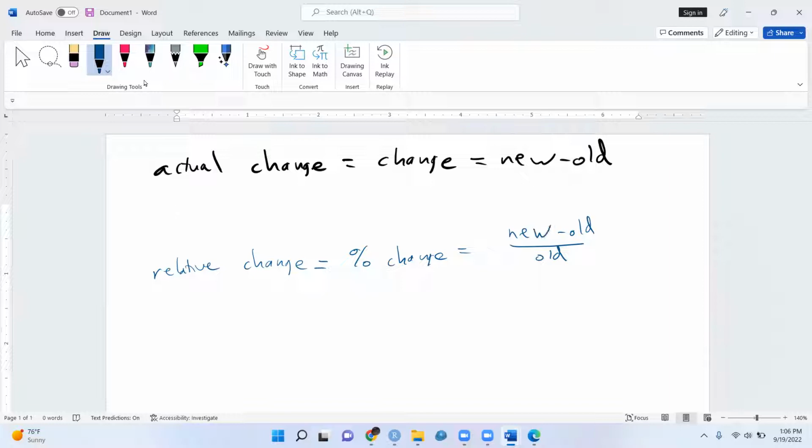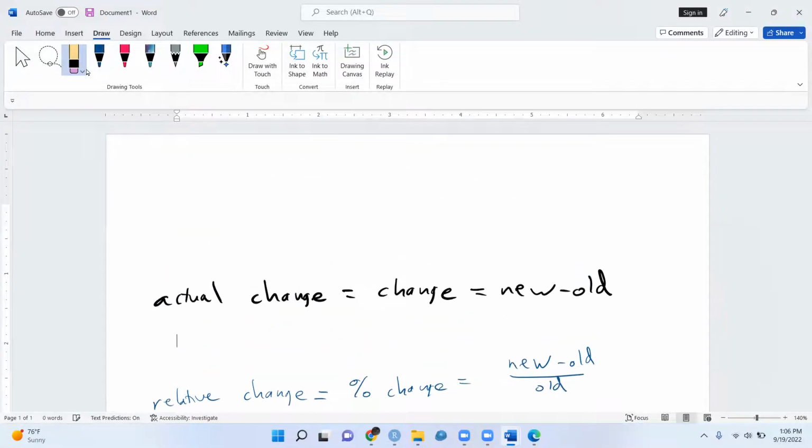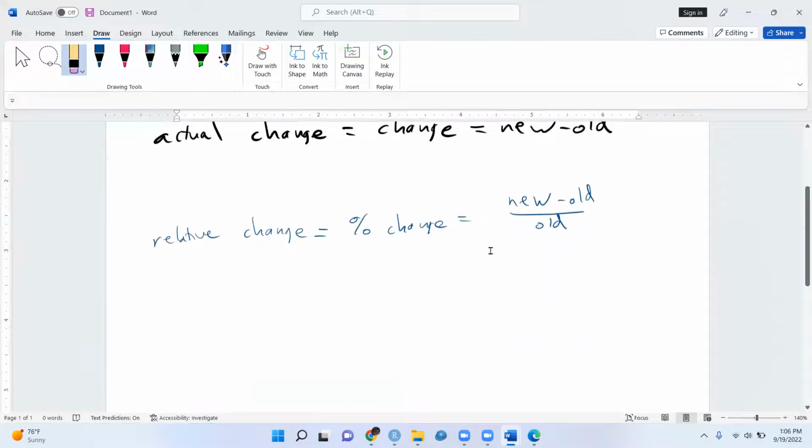So what we do with this is we then multiply it times 100, and that becomes a percent.